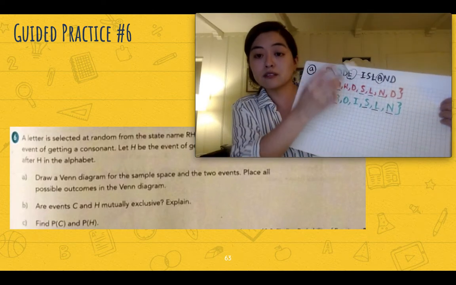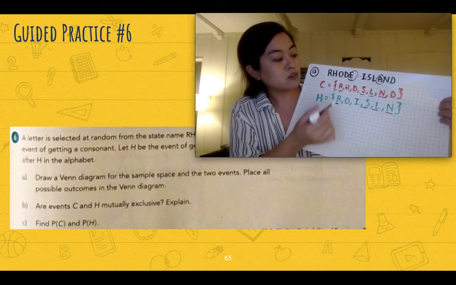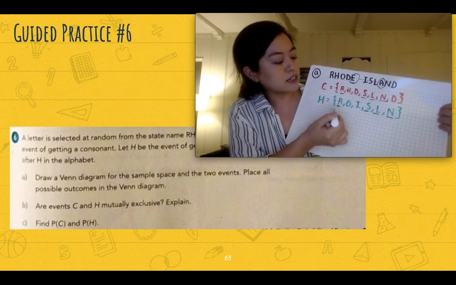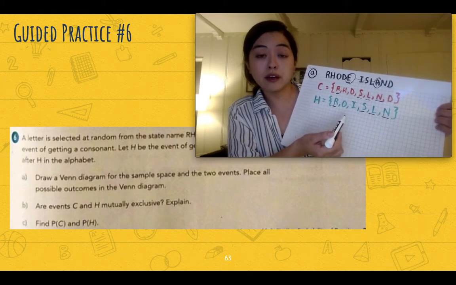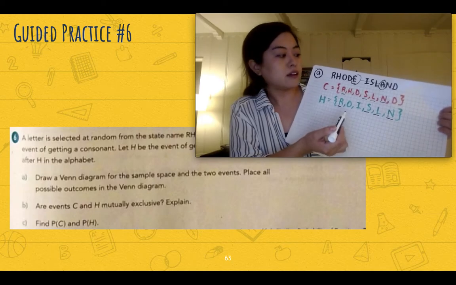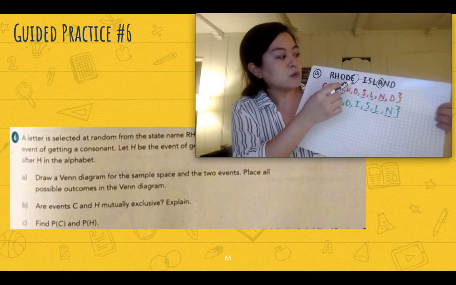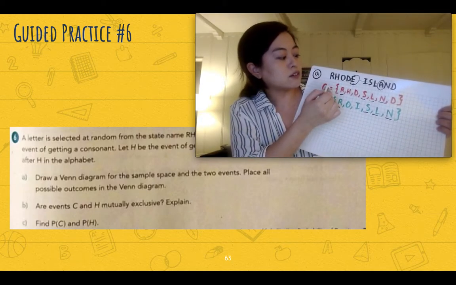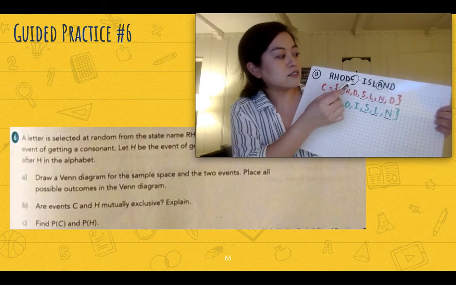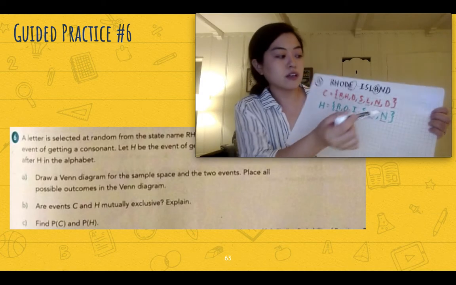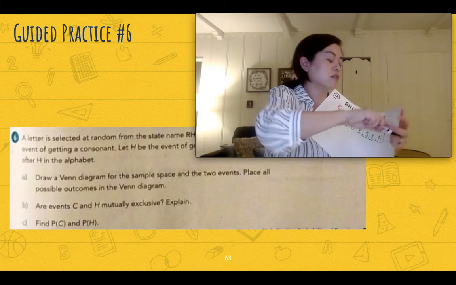Okay, so this is our information. The letters I underline for events C and H, that's the overlap. And in my sample space, inside the rectangle but outside of the circles of event C and event H, I'm going to write E and A. So it should look something like this.